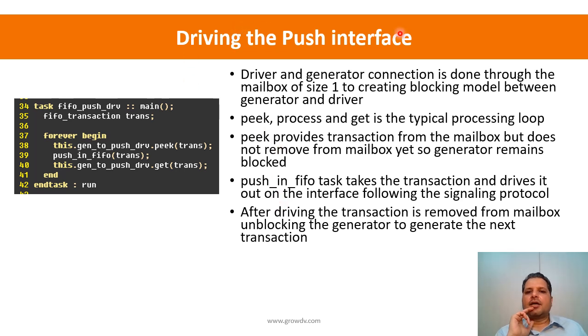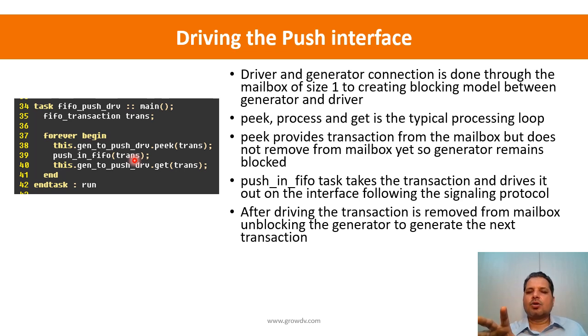So we are still continuing to understand this driving push interface, right? What we have been able to understand is the push in FIFO function and what it does. That's the first step that we saw. It took this FIFO transaction and had access to the virtual interface, and it extracted the information to be driven on the interface from this FIFO transaction.